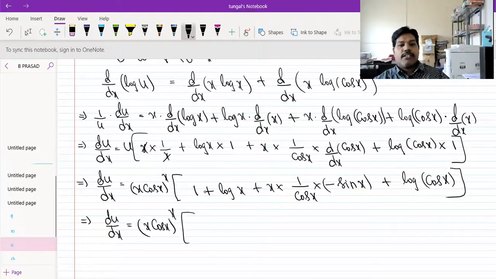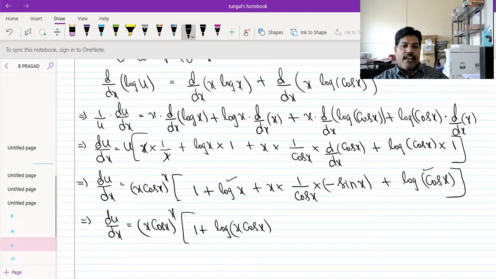So see that one, students, these terms log x and log of cos x. Log a plus log b you can write as log of ab. So you can write these two terms as log of x cos x, because log a plus log b can be written as log ab. And here the term sin x by cos x will become tan x.